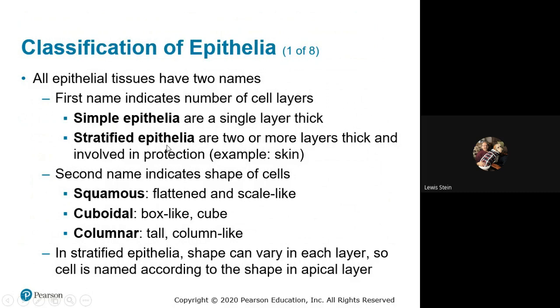Once you start to see multiple layers, think protective. The second name indicates the shape of the outermost layer: if it's one layer, that cell's shape, or if it's multiple layers, the outermost layer is the definition, as you will see. The name is not just for the shape of the cell, but also for the shape of the nucleus.